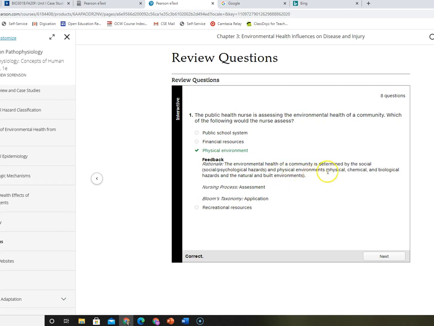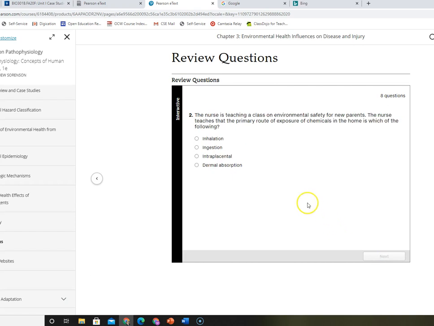The environmental health of a community is determined by the social and physical environments. Remember that. And it's asking you about a public health nurse assessing the environmental health of a community. Which of the following would the nurse assess? Physical environment being a more general term here. All right, so moving on.